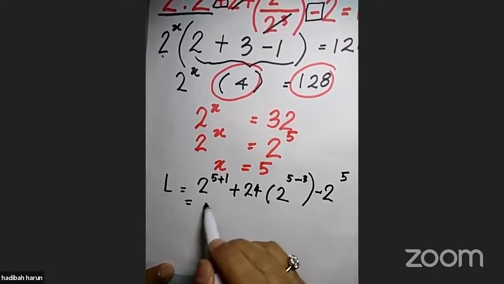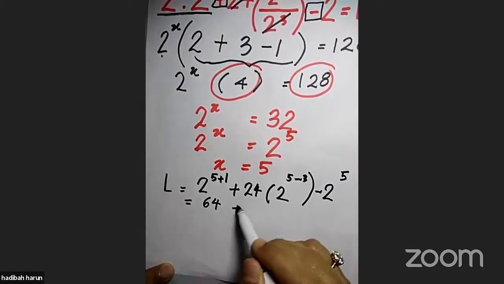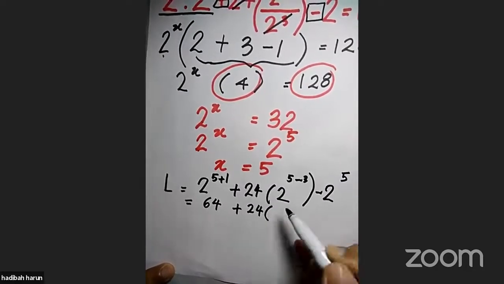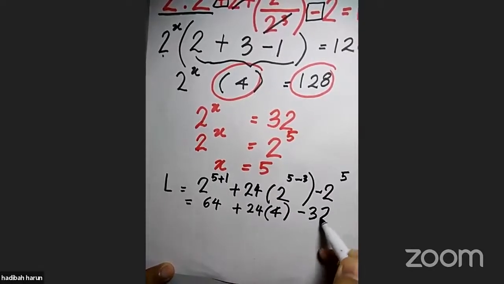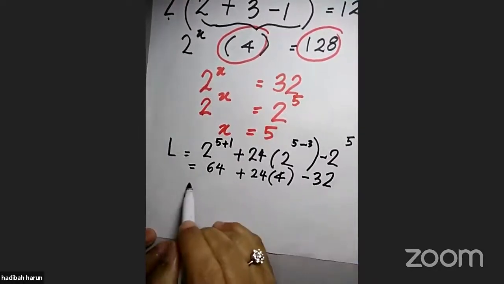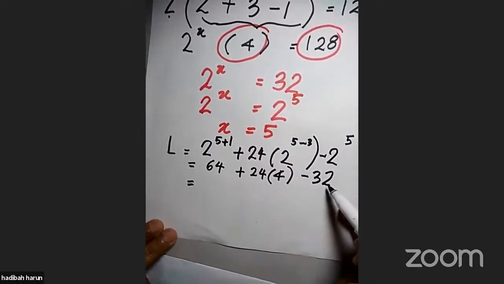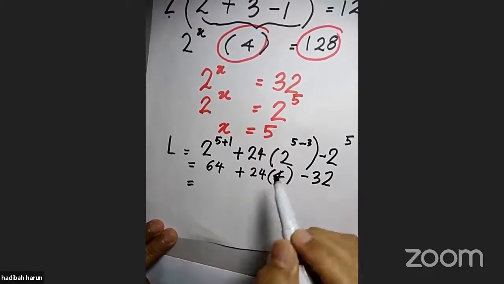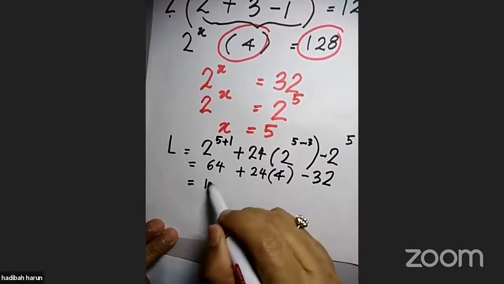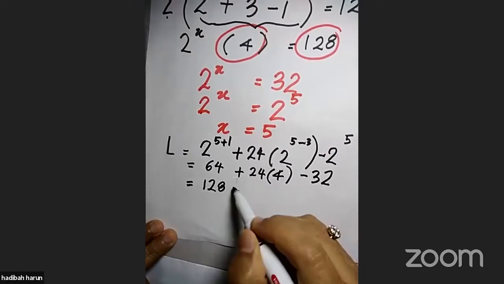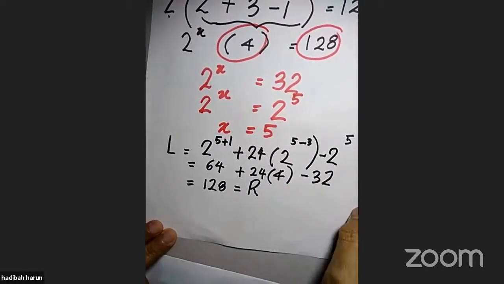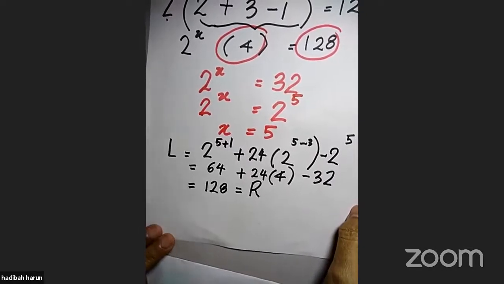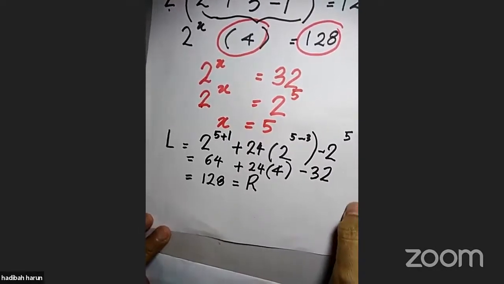So 2 to the power of 6 is 64, plus 24 times 2 to the power of 2 is 4, minus 32. 64 minus 32 is 32. 24 times 4 is 96. 32 plus 96 is 128, which is equivalent to your right. So definitely your answer is perfectly correct. That's how you check your answers.